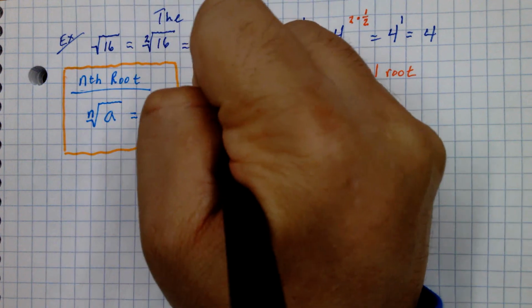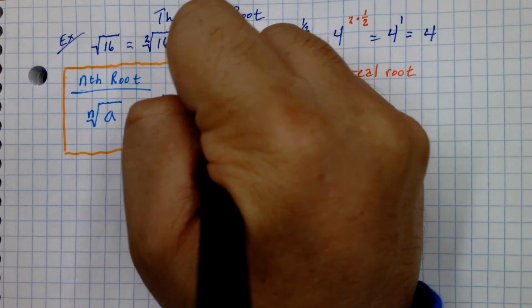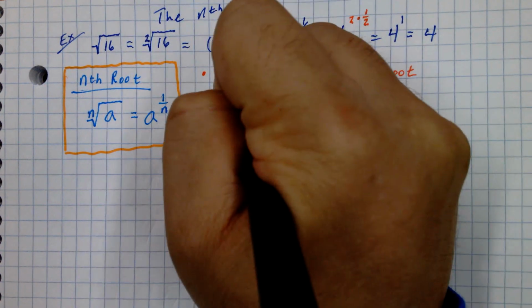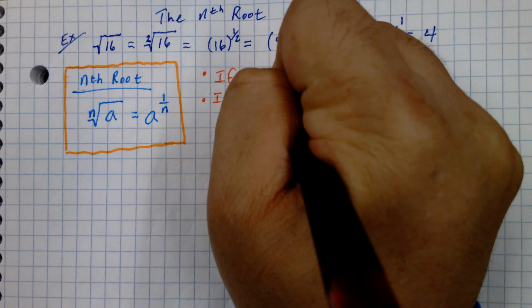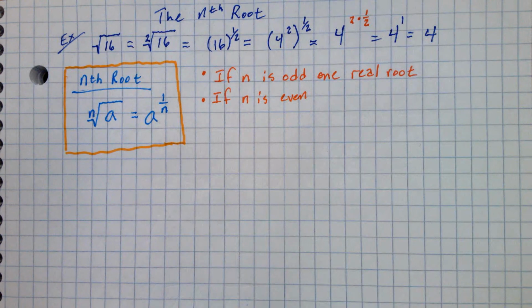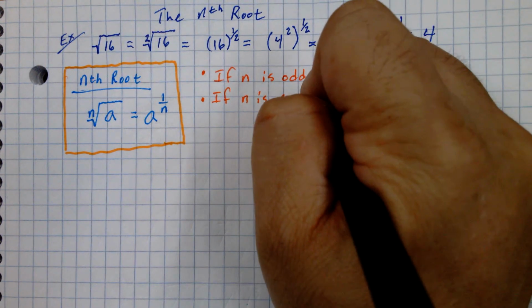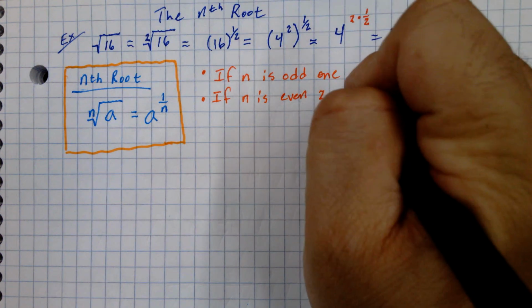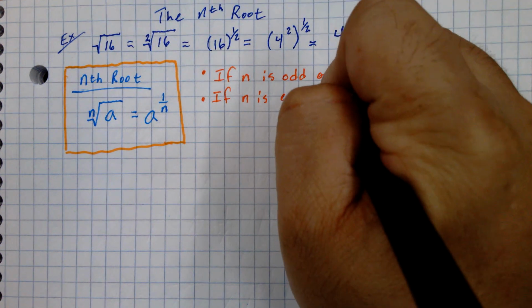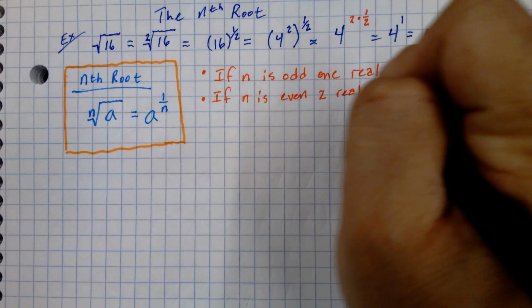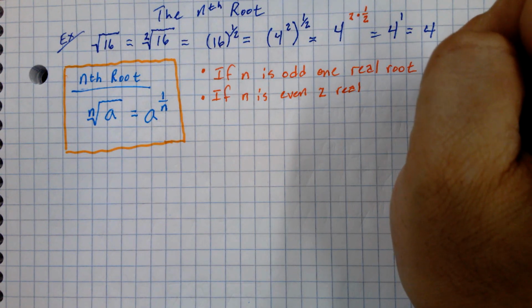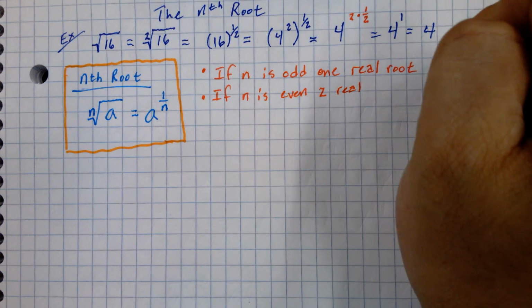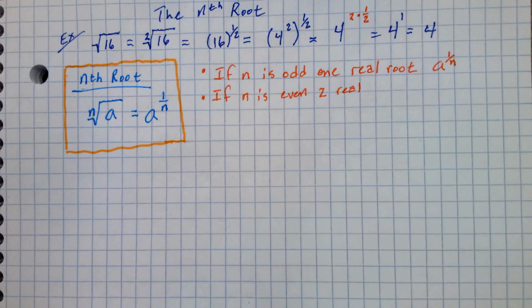If n is even, you have two real roots. Oh, by the way, the actual root that you have is a to the 1 over n, whatever answer you get, just that answer.